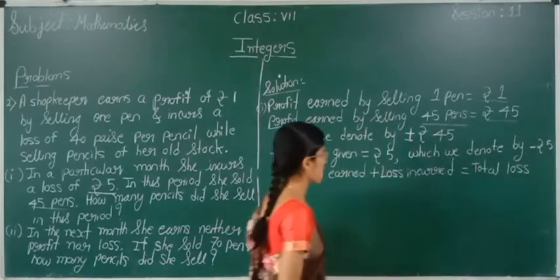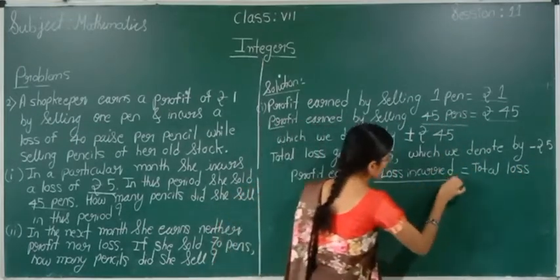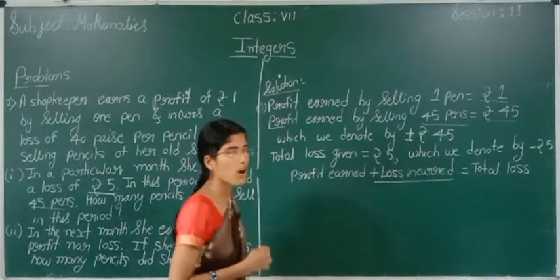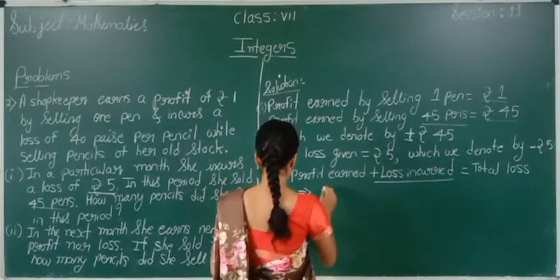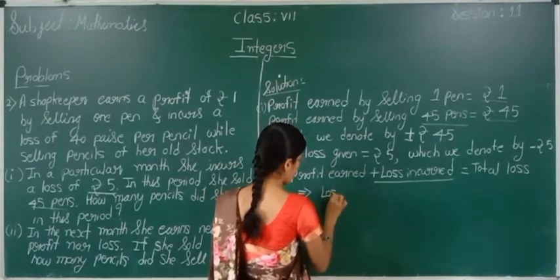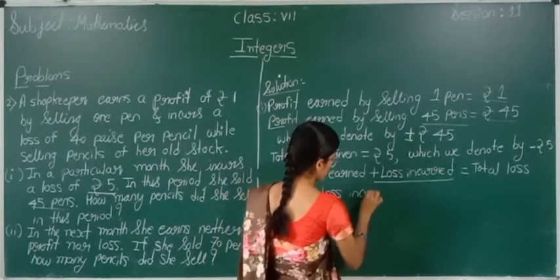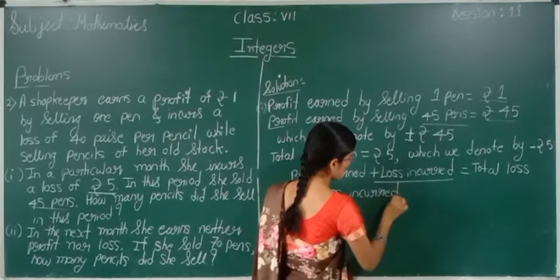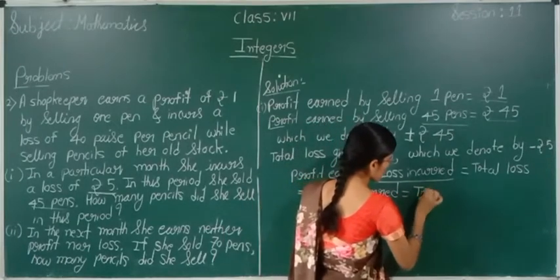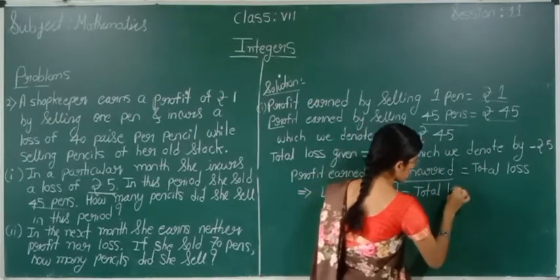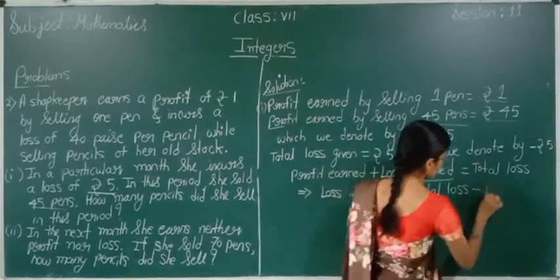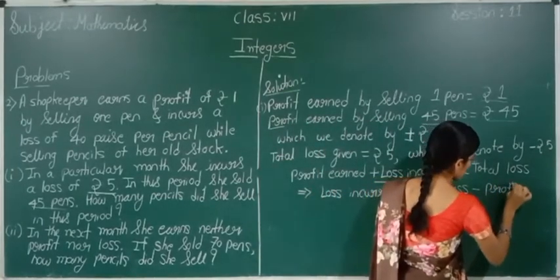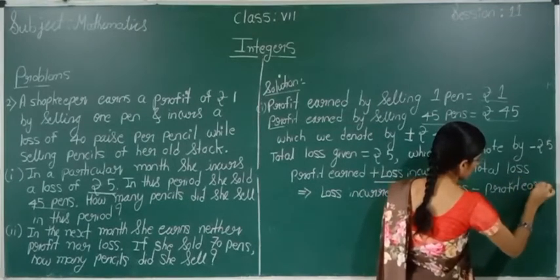Now we will see how much loss was incurred. So this implies loss incurred is equal to total loss minus profit earned.